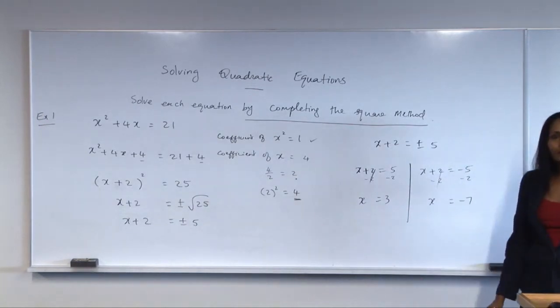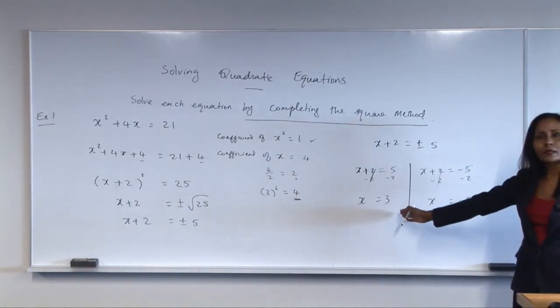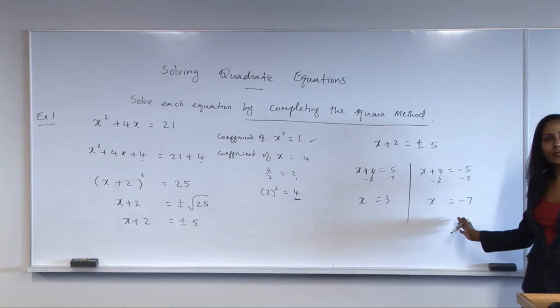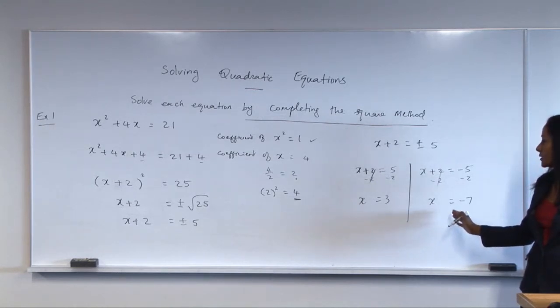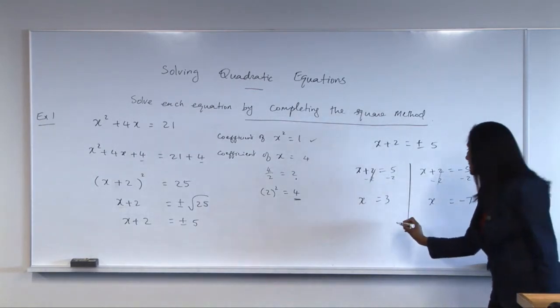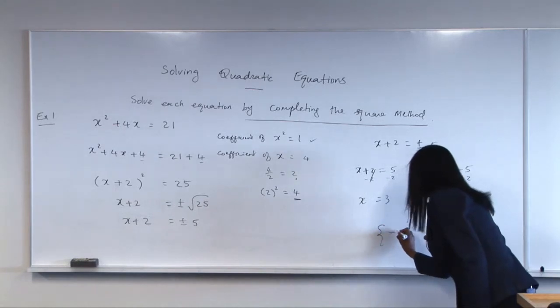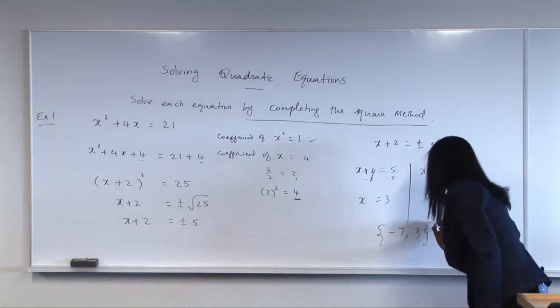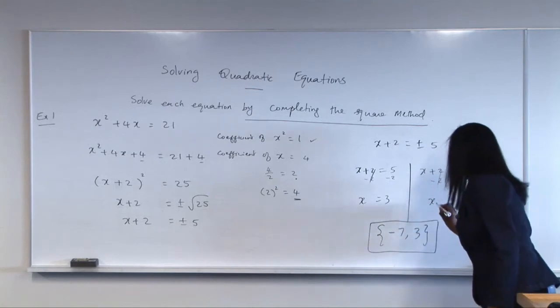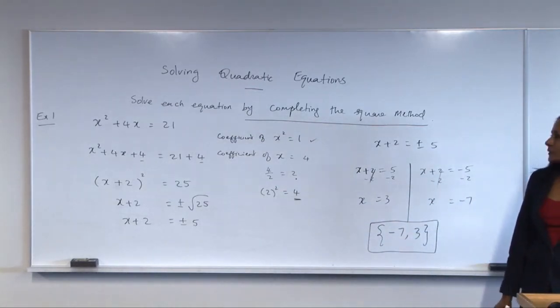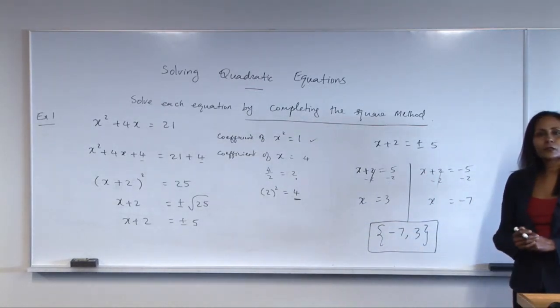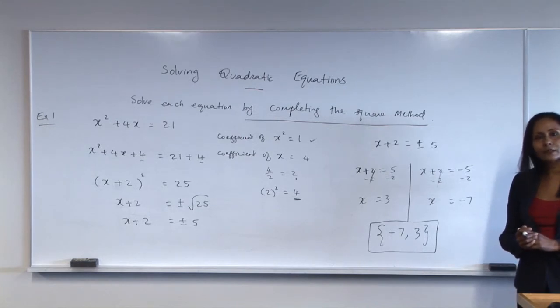So we solved for x. We got x as positive 3 and x as negative 7, and we got two solutions. These are the solutions for this problem: negative 7, comma, 3. So this is how you solve a quadratic equation by completing the square method.